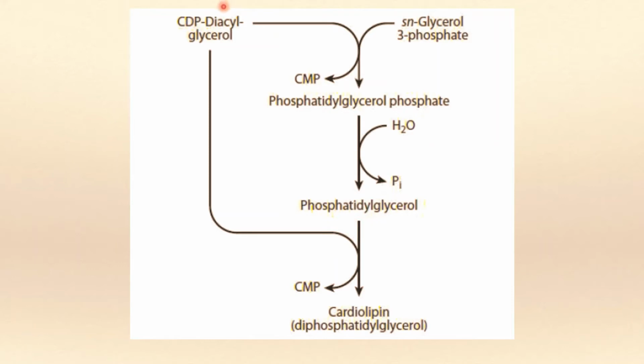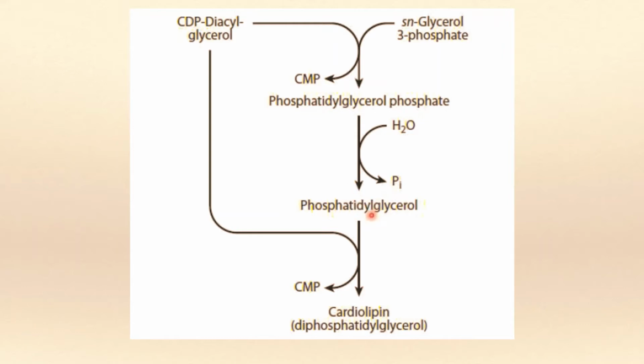cardiolipin. CDP diacylglycerol will donate this diacylglycerol to glycerol 3 phosphate to form phosphatidylglycerol phosphate. So there is a diacylglycerol phosphate group and a glycerol phosphate on the side. They combine to form phosphatidylglycerol phosphate.